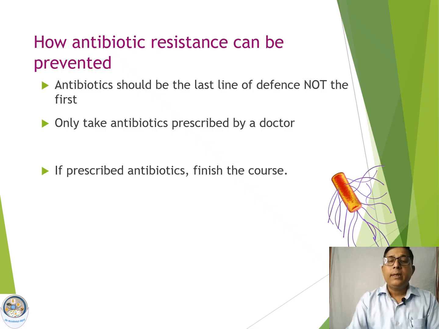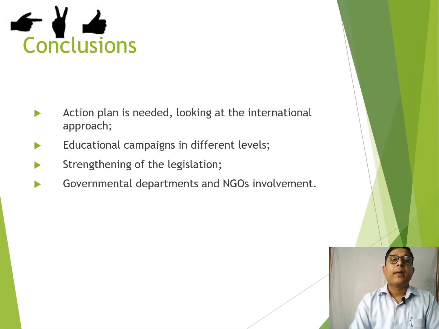Then if an antibiotic is prescribed, we should ensure that the course of the antibiotic is completed. If these things are followed, we can prevent the development of resistance to the antibiotics.